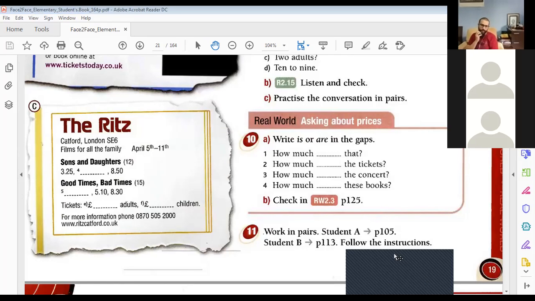Welcome to the Ritz Cinema Information and Booking Line. Here are the films showing at this cinema from Friday, April the 5th to Thursday, April the 11th. Sons and Daughters, Certificate 12, showing at 3:25, 5:40 and 8:50 p.m. Good Times, Bad Times, Certificate 15, showing at 2:50, 5:10 and 8:30 p.m. To hear these times again, say, "Yes, please." after the tone.